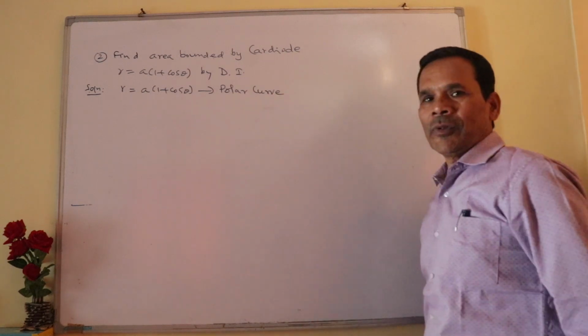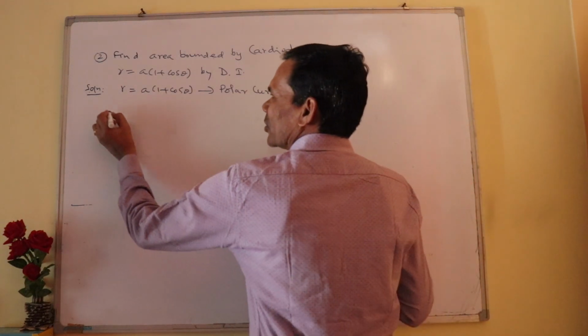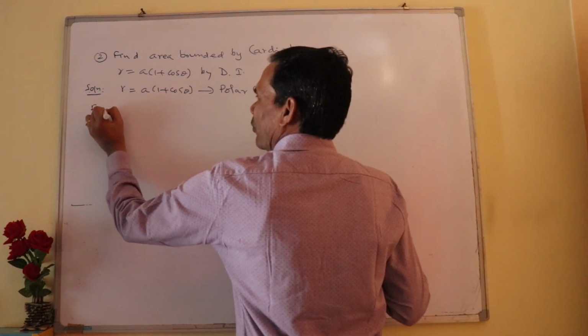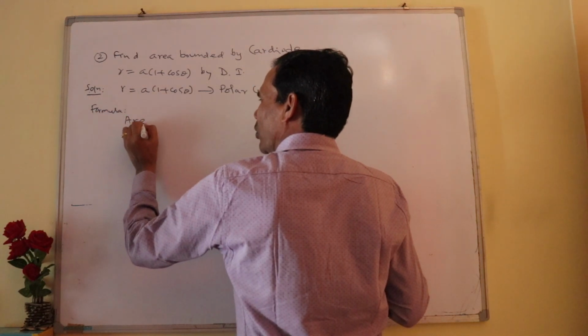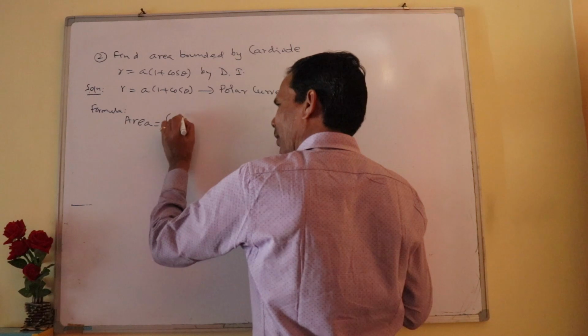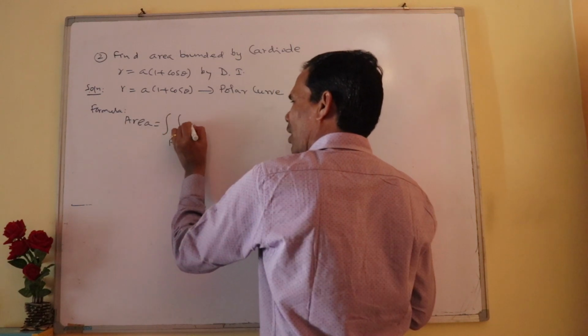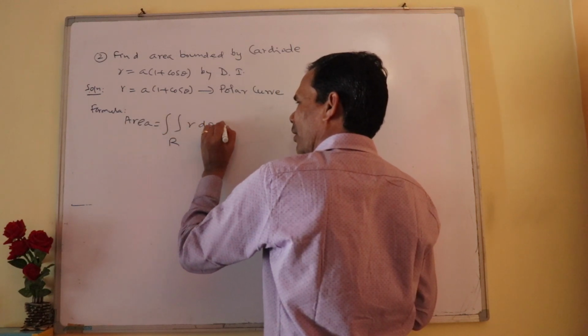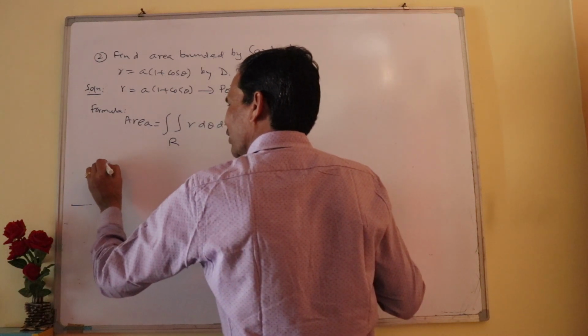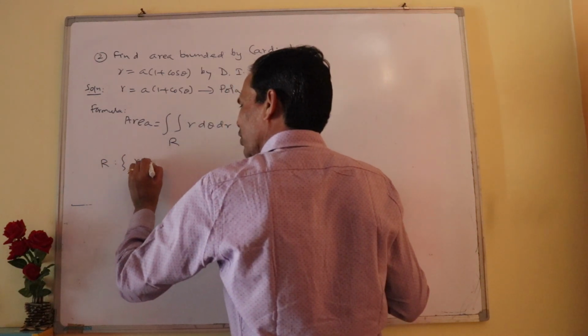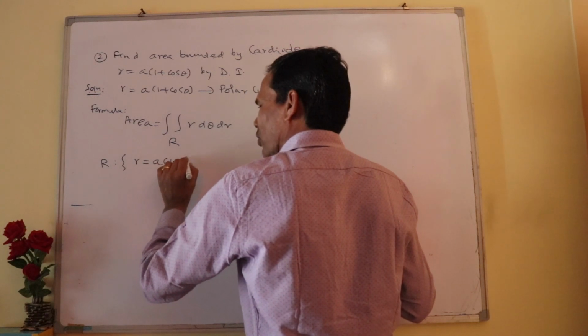So the formula for area is equal to the double integration of r dθ dr, where r is equal to a(1 plus cos theta).